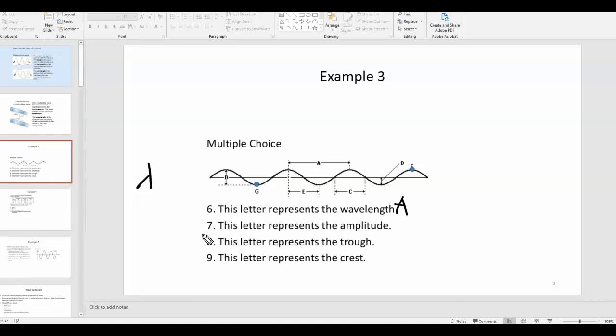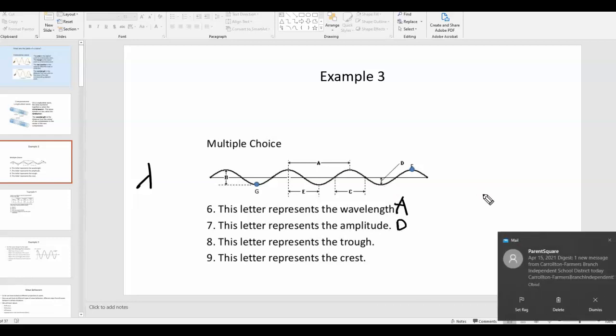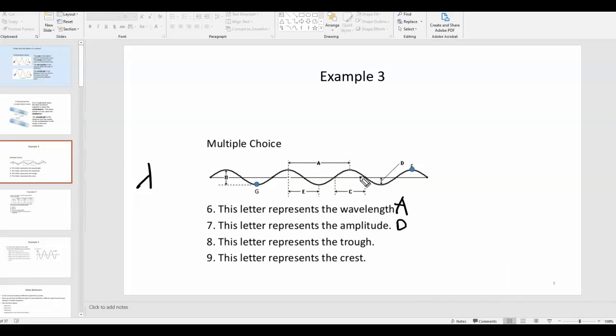But B, if you look at B over here, B goes between the crest and down here to the trough of the wave, which is not the amplitude. The amplitude is only half of that distance. And so actually, D would represent the amplitude right here from the rest position in the middle, that middle line, down either to the trough or up to the crest.